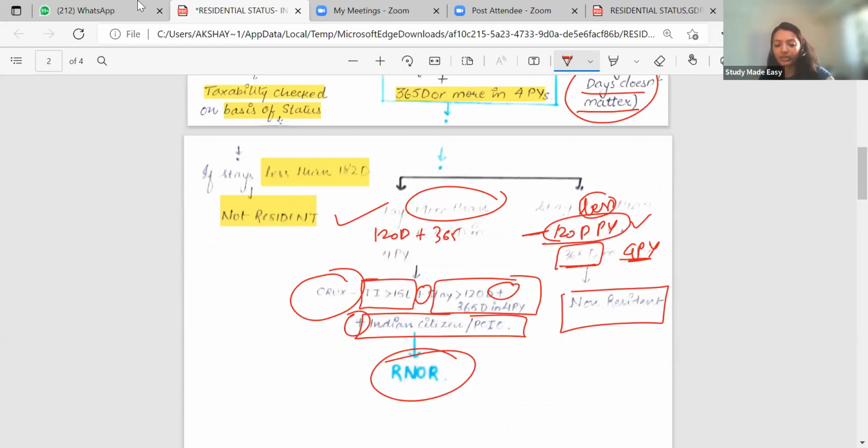So when it comes to deemed resident, the first thing is you should only be an Indian citizen. When it comes to more than 15 lakh income, as well as you are Indian citizen or person of Indian origin, then your other conditions also come.